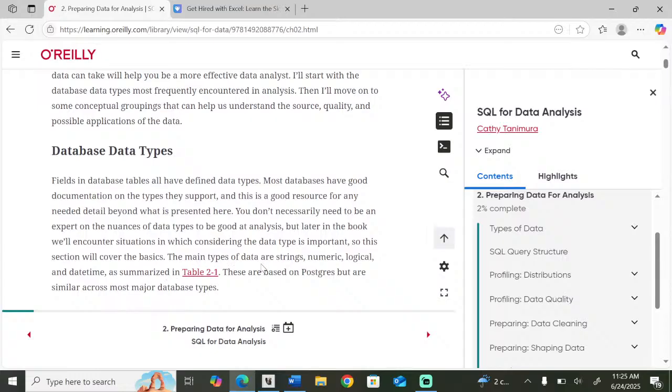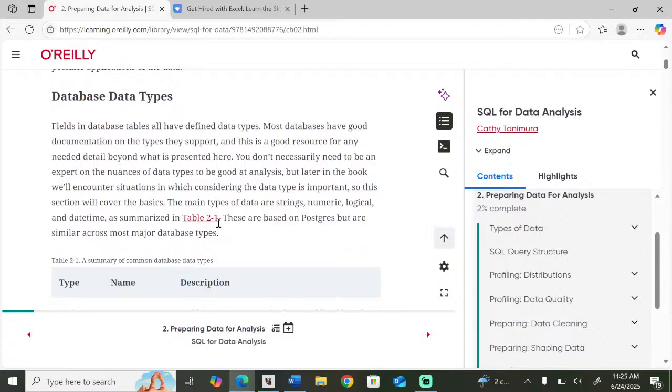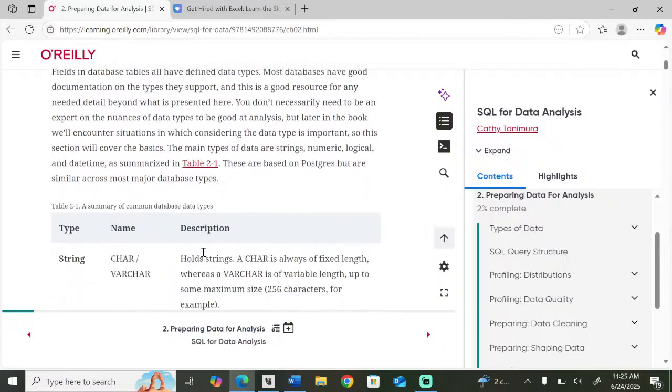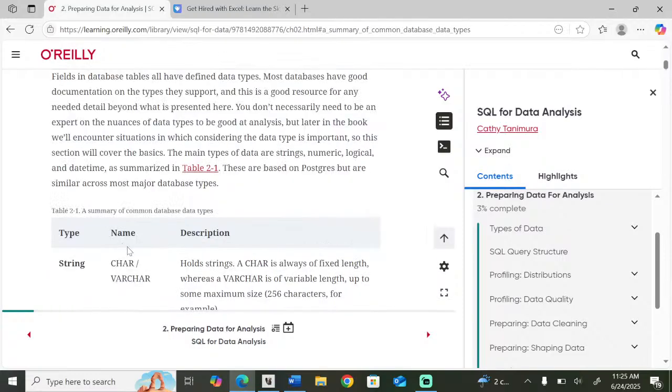The main types of data are strings, numeric, logical, and date types. They are summarized in this table, so let's check it out. They are based on Postgres but are similar across major databases. These are the data types we have.